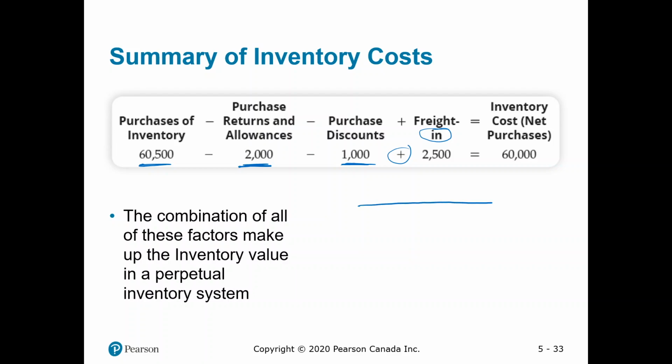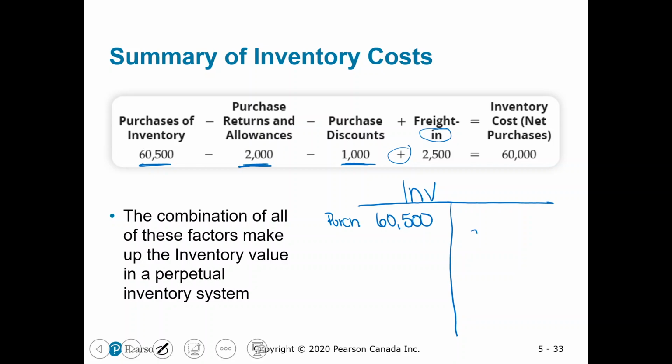So looking at these in T account form, in our inventory account, if we have a purchase, that is a debit. If we return something or receive an allowance, it's a credit. A purchase discount would also be a credit. And then if we have freight in, we would add that.